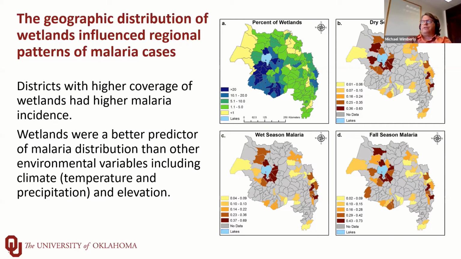So here in the mountains, there's typically an elevation cutoff, above which it's too cool for the mosquitoes and for malaria transmission. Here though, interestingly, we found that these wetlands, this land cover variable, was a better predictor of malaria distribution than temperature, precip, or elevation. So that was an interesting finding, and it was good to know that we could get some worthwhile new information about malaria risk out of this land cover data set.